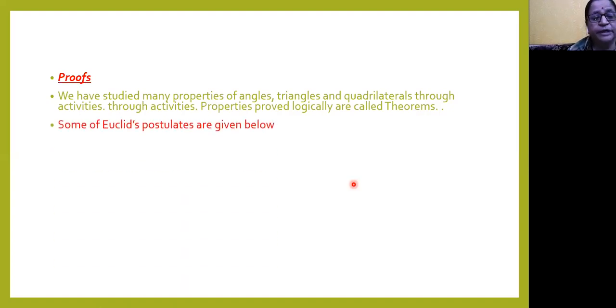Some of the Euclid postulates are given below. He added some of his thoughts, and those are actually proved. The first is that infinite lines pass through a point.